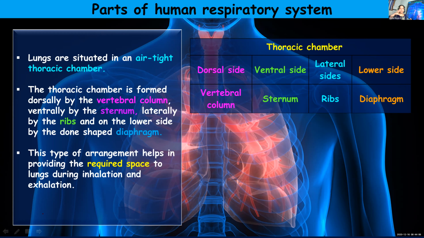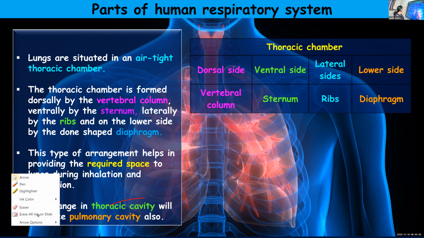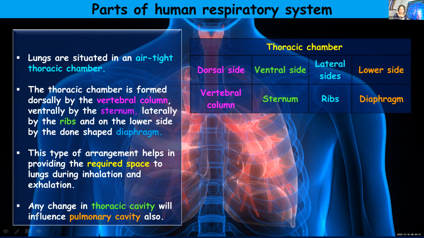So this particular arrangement, the presence of a thoracic chamber with the help of different parts of the body like the vertebral column, sternum, ribs, and diaphragm, will provide the required space to the lungs so that they can carry out inhalation and exhalation. Any change in the thoracic cavity will influence the pulmonary cavity also.